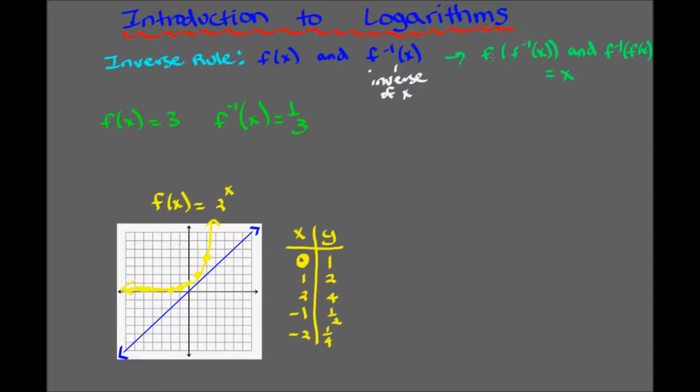So f of the inverse of x is equal to x, and the inverse of f of x is equal to x. That's basically what makes two functions inverses.